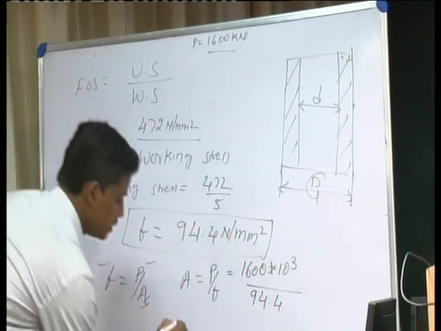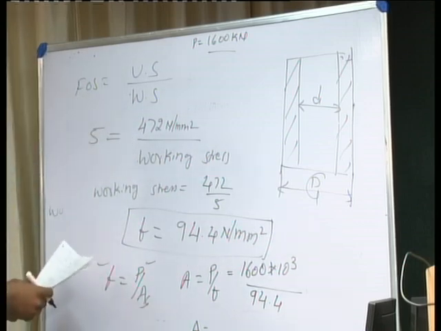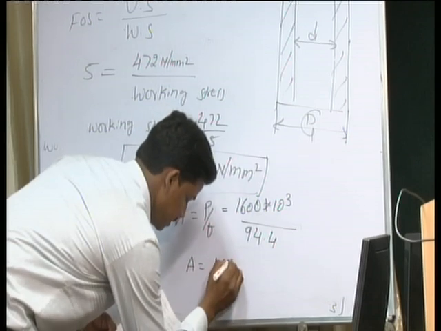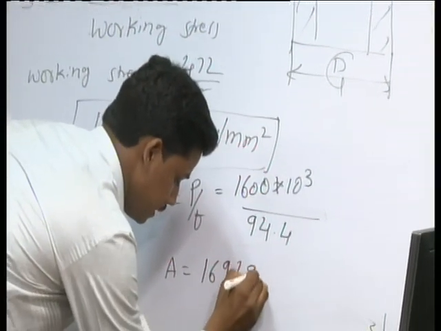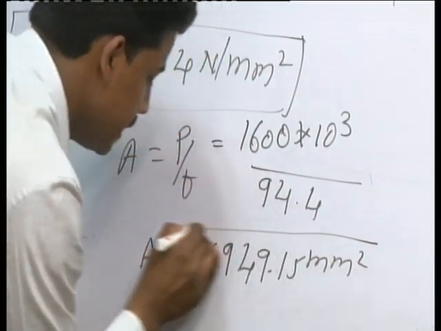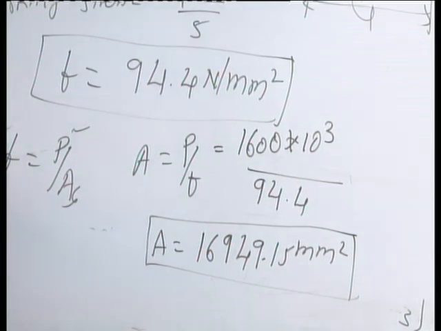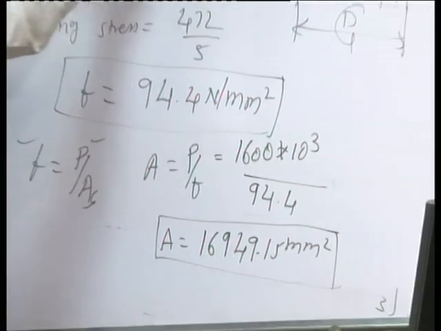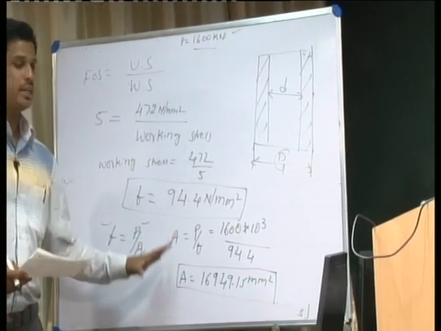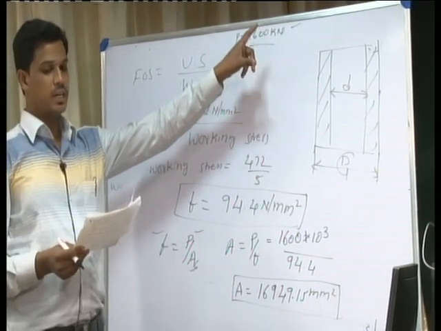If you simplify this, we will get area as 16949.15 millimeter square. This much area is required to resist the load of 1600 kilonewton.